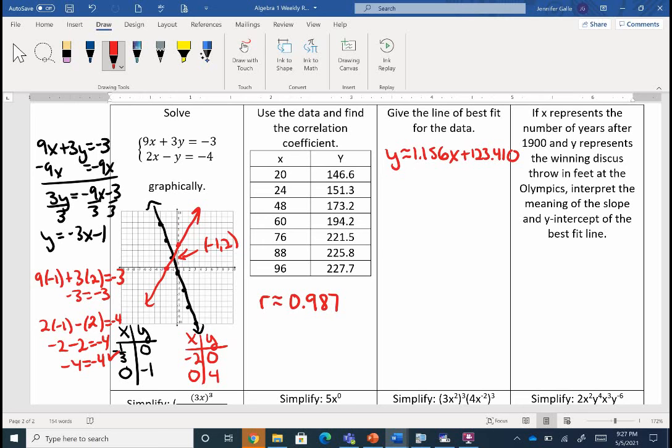Last question in this row. If X represents the number of years after 1900 and Y represents the winning discus throw in feet at the Olympics, interpret the meaning of the slope and y-intercept of the line of best fit. Okay, so our slope is 1.156. That's our slope.